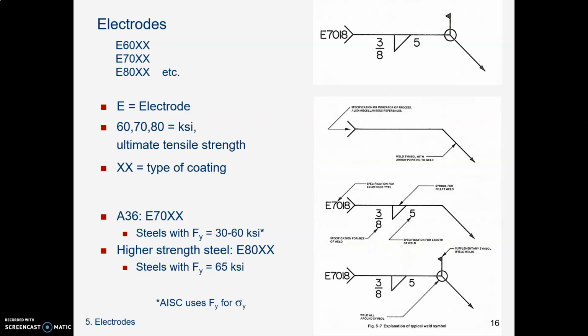Electrodes are the stick or the wire that the welder melts into this weld joint. And these are specified by ultimate tensile strength. And you'll recognize these numbers. These are 1000 psi. So if it has a 70 in the front, it has an ultimate tensile stress of 70,000 psi.